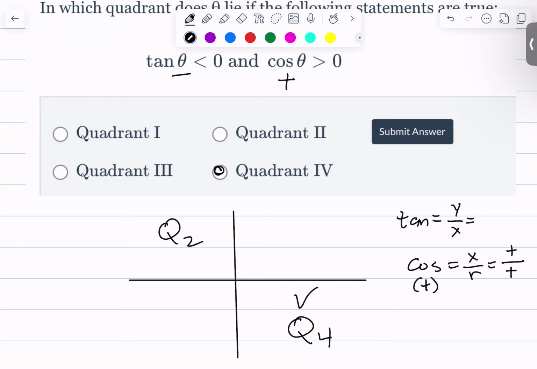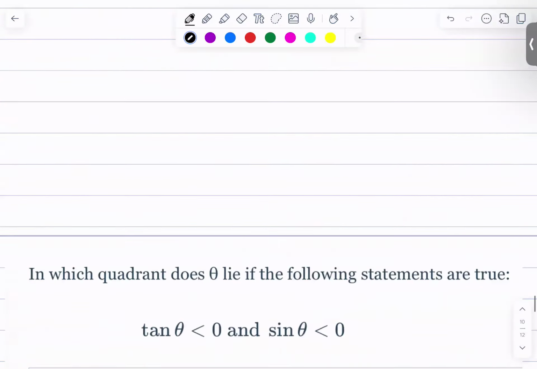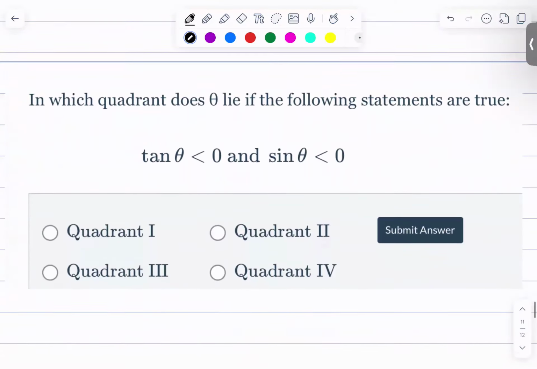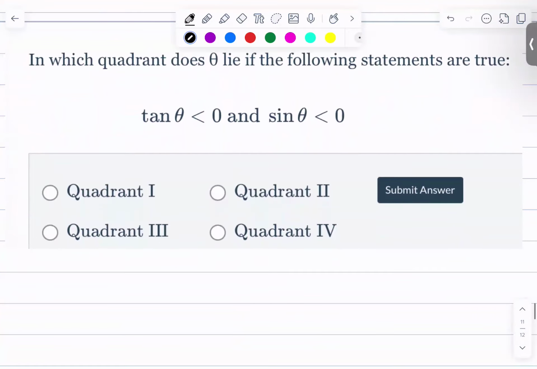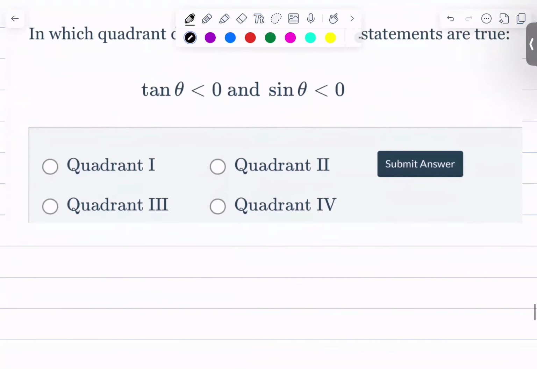So that is my answer there. Okay? That makes sense? So taking one of these would eliminate two quadrants. And between the two, which out of the two would satisfy my other property?